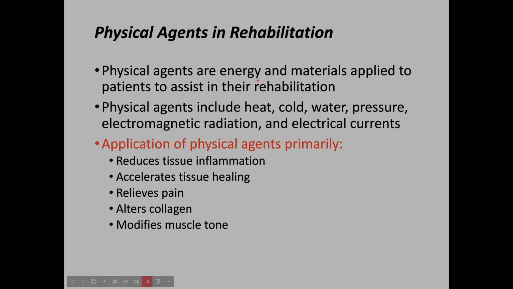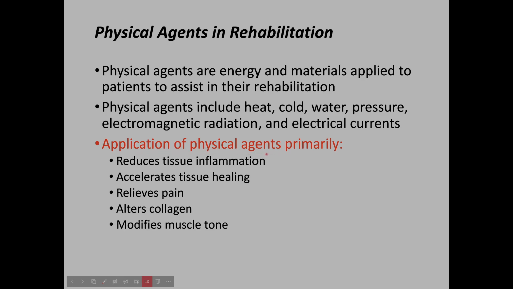Well, they're energy materials that we use and apply to patients to assist in the rehab process that supplement some of the other things that we'll learn, like exercise programming, stretching, etc. Physical agents include mechanisms that are going to derive their benefit from heat, cold, water, pressure, electromagnetic radiation, or electrical current. So these are all things that we're going to learn throughout the course of the program, the course of this curriculum for this class.